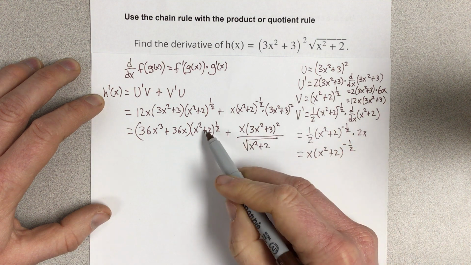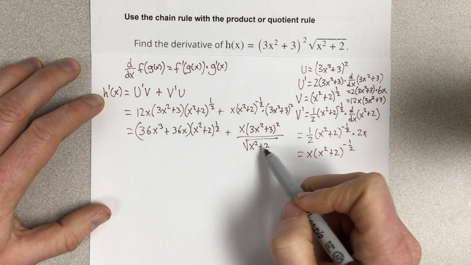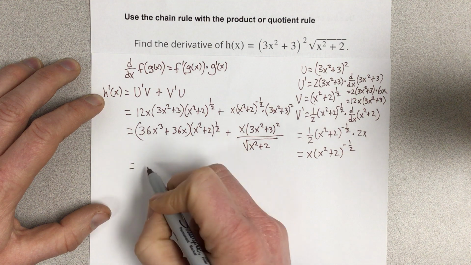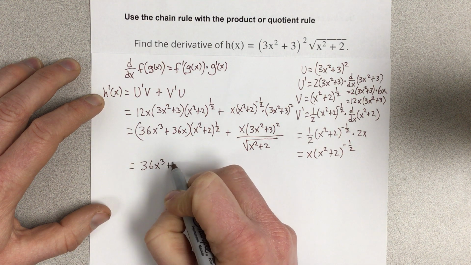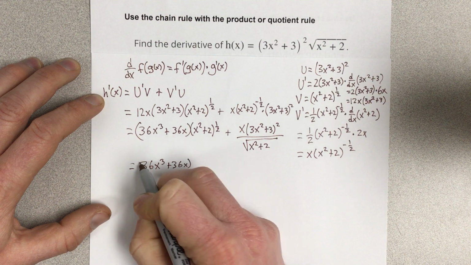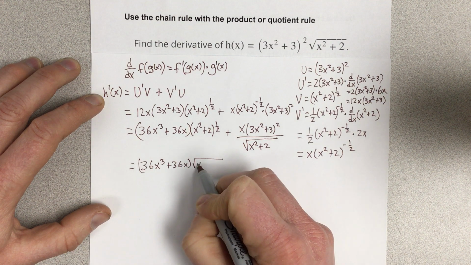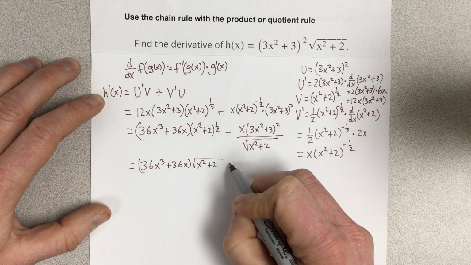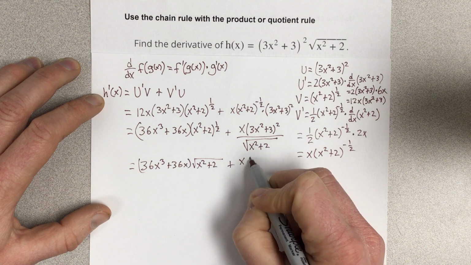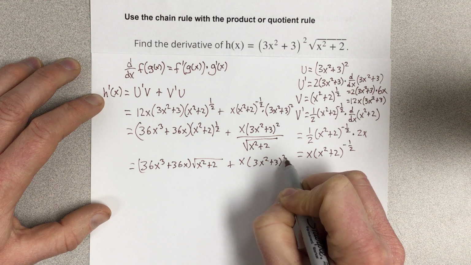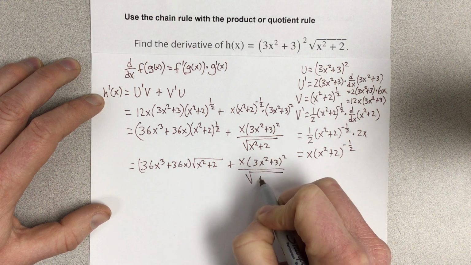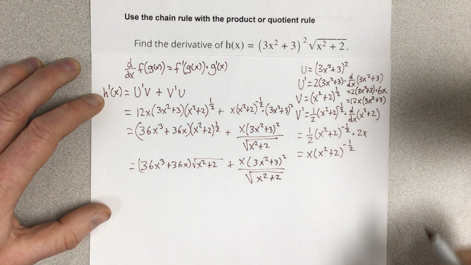I probably better be consistent here. Either I use the 1/2 power or I use the root. So I'll use a root on the next piece. So that's 36x cubed plus 36x root of x squared plus 2, plus x times (3x squared plus 3) squared over root of x squared plus 2. And I'll probably stop there.